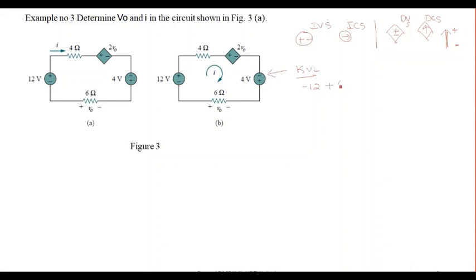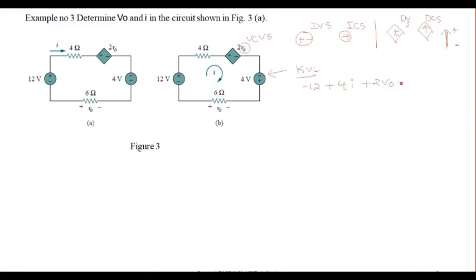So plus 4 times I. Then this is what kind of source? It is a dependent voltage source, controlled by some parameter called V0. It is a voltage controlled voltage source, and its voltage is 2 times V0. So we write plus 2 times V0, plus because the polarity is like this according to the convention.